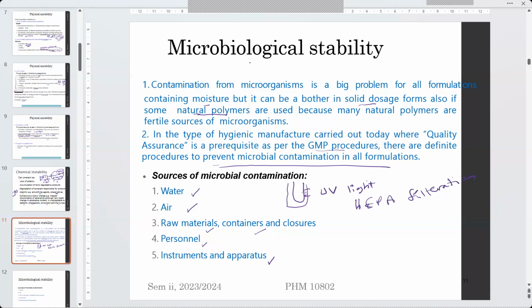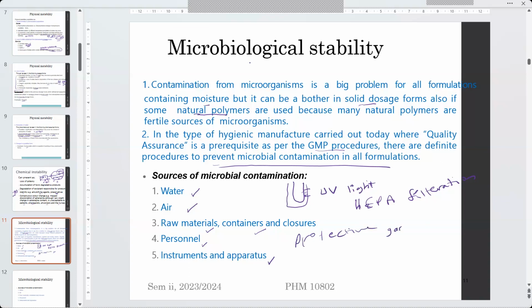Raw materials, containers and closures, they should undergo all the tests to ensure that they are clean, they are free of microorganisms. If we use them to produce sterile products, then they should be sterile. There will be a sterilization step before using them to pack the dosage form. Personnel should wear protective garments.